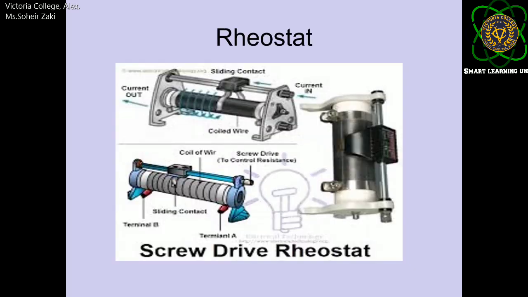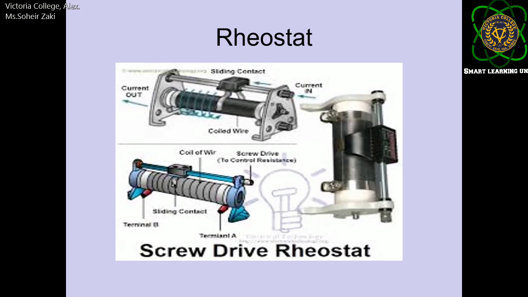As we mentioned before, we have two types of electric resistor. The fixed resistor gives a fixed value of the resistance, and the second type is the variable resistance, which is called the rheostat. What is the construction of the rheostat?